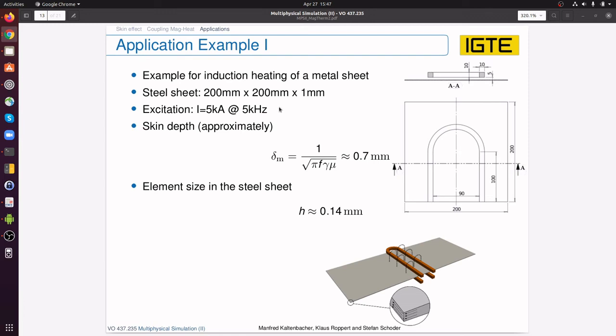And also in real applications, this frequency changes slightly. So if you start with, I don't know, 10 kilohertz or 5 kilohertz and heat up the material, especially if it goes into saturation, the sheet also couples back into your electrical circuit.